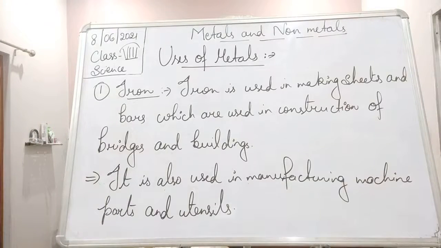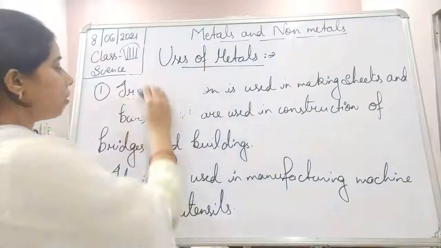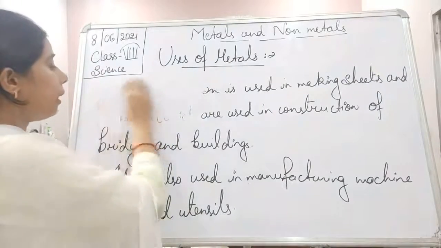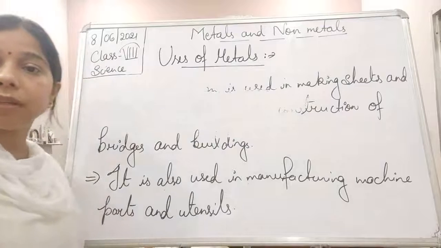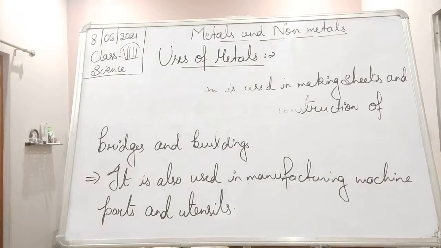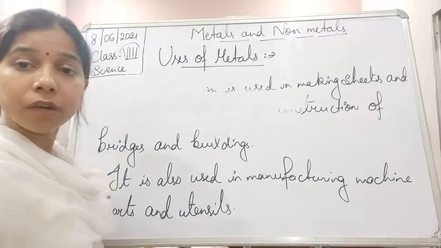Now let us move on and see another metal. This time we will look at aluminium, which is the third most abundant metal present in the earth crust.